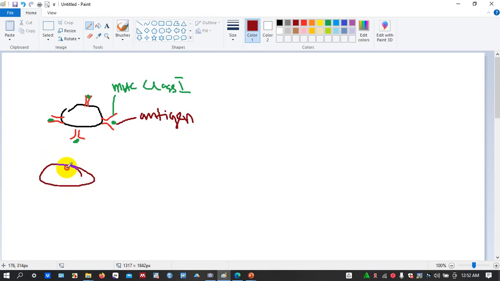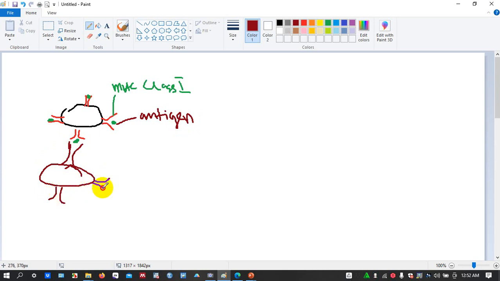Then the cytotoxic T lymphocyte will come and bring its receptor and join to digest the antigen.